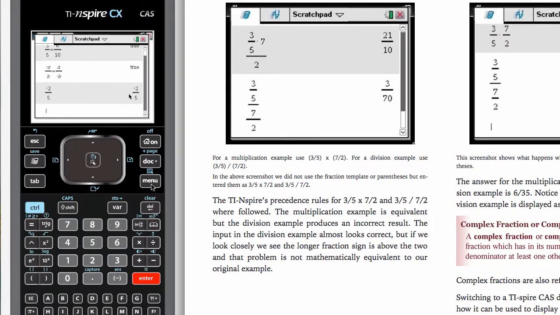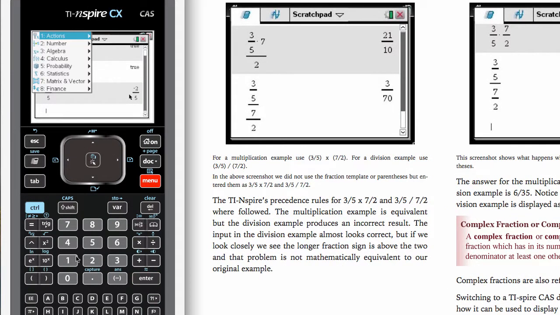So again, let's go ahead and do the division problems on our calculator. So we'll hit menu, 1 for actions, 5 for clear the history, and we'll put in, using our template, control, 3/5, 3, down to 5, move over, hit divide.